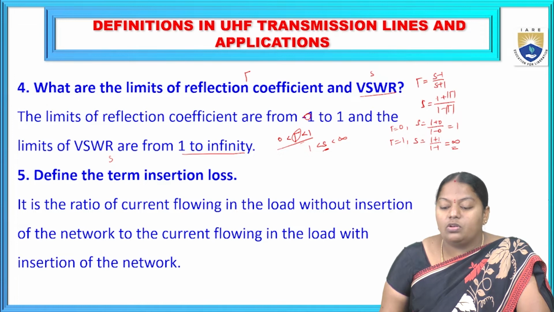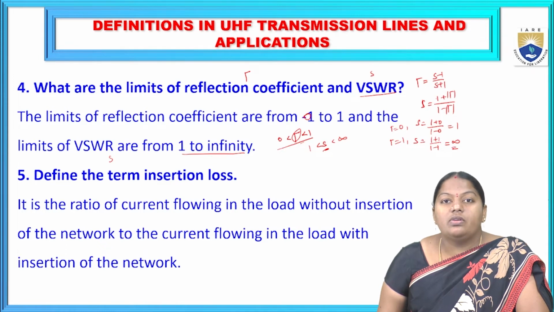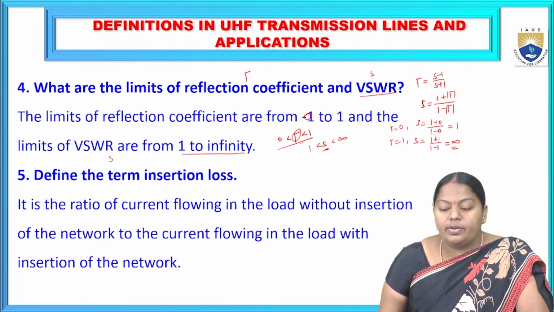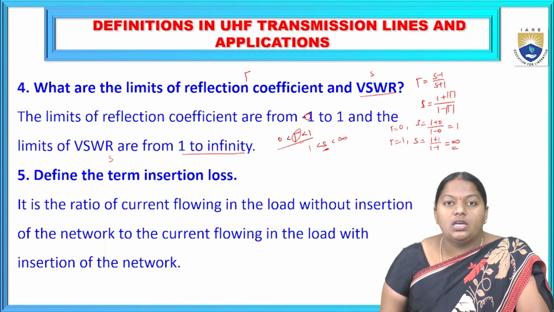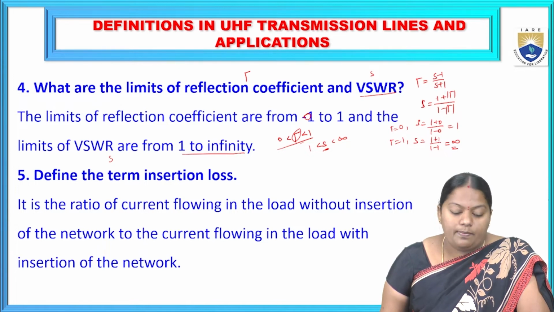Just now we have seen according to the formulas: the reflection coefficient gamma in terms of standing wave ratio is gamma equal to (S minus 1) by (S plus 1), and S in terms of reflection coefficient gamma is S equal to (1 plus gamma) by (1 minus gamma). So always here the reflection coefficient gamma needs to be considered in its magnitude form.